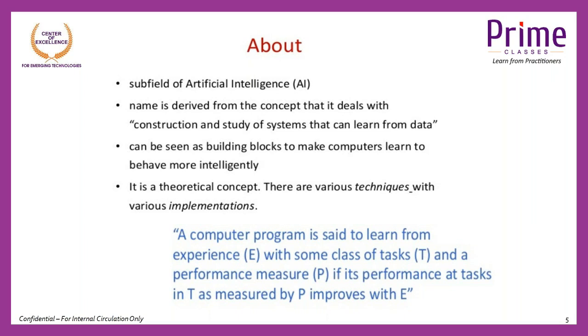And same thing is that when you talk about machine learning, I can talk about this in terms of an equation. So a computer program is set to learn, right?